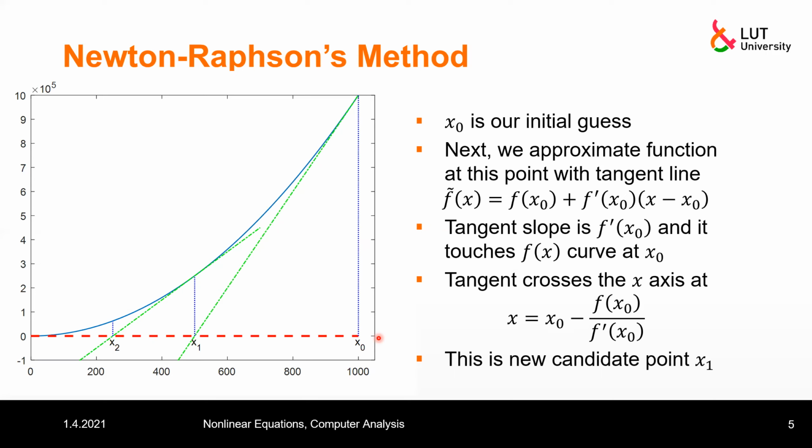The rule of thumb is that it usually converges in most practical applications when our initial guess is close enough to the exact solution. Of course, there are some mathematical rules around here, but from an engineering perspective, we assume that if x0 is close enough to the exact solution, then we will get the solution. If not, in most cases, it means that we cannot find the solution or this guess is wrong.